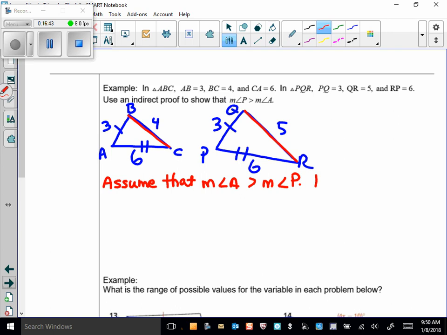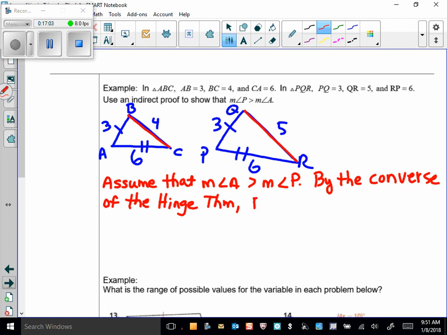And I know that by the converse of the Hinge theorem, if the measure of angle A is greater than the measure of angle P, then I know that BC is longer than QR, right?